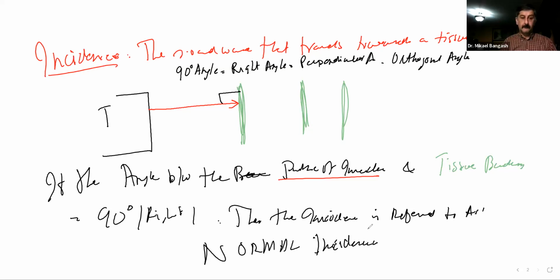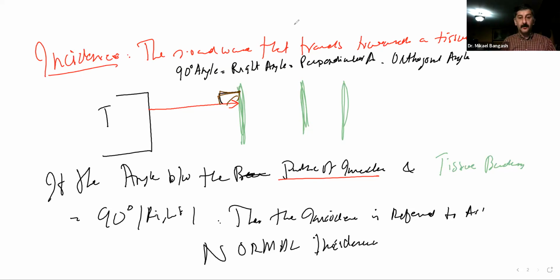Did that make sense? So what that mainly means is that if the angle between your incidence and the tissue boundary makes a 90-degree angle or a right angle or a perpendicular angle or an orthogonal angle, that incidence is going to be referred to as a normal incidence. Did you guys get that?